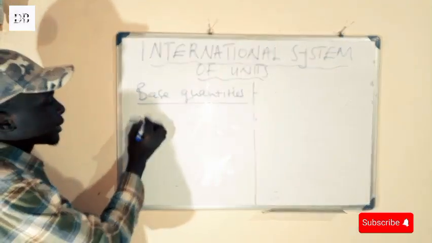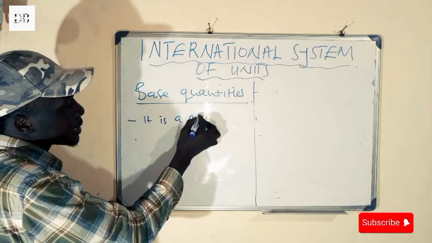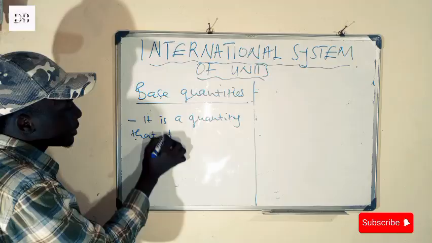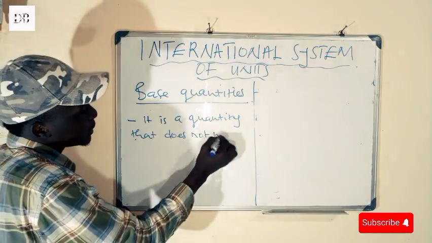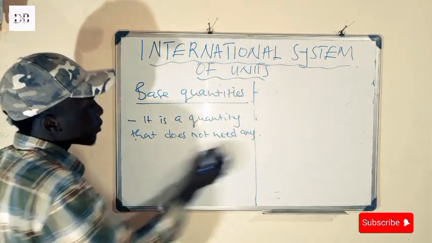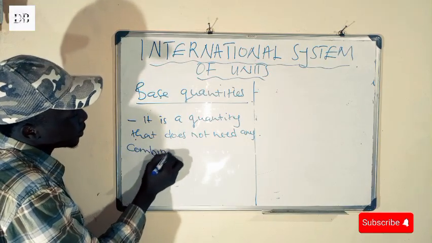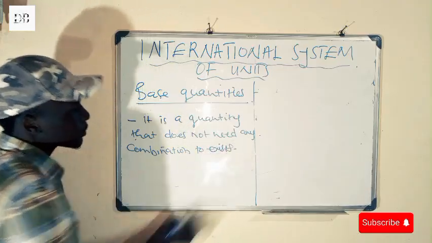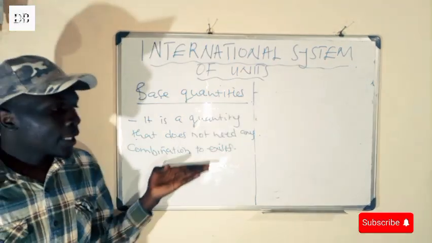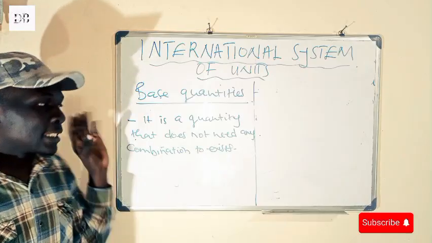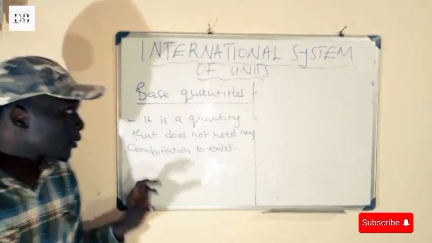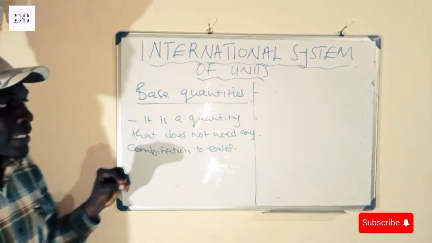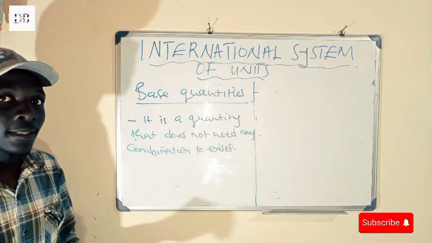So by definition, it is a quantity that does not need any combination to exist. Now, why doesn't it need any combination to exist? This is because these were the first quantities to be discovered, and there are only 7 in physics.